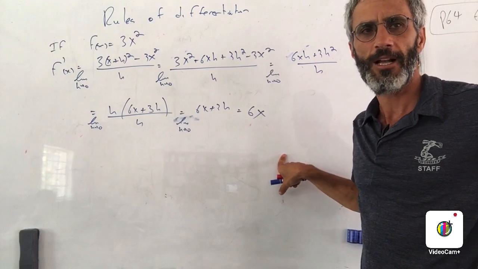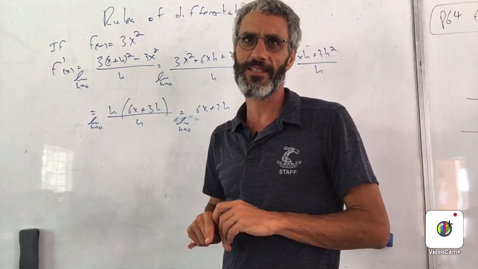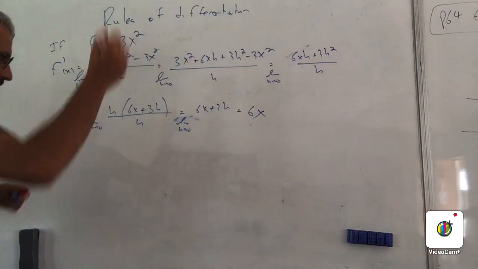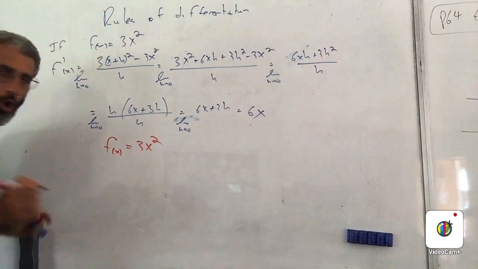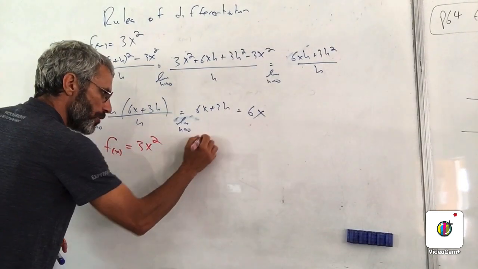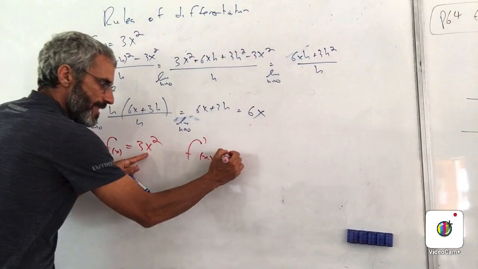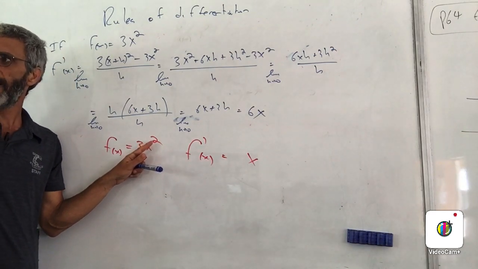Yes, sir. I'm going to show you now a way of doing it in less than a minute, which is very, very easy. So I'm going to write in red. Let's say f of x, we'll use the same number, 3x squared. All you've got to do, if you want to know the derivative: first of all, you write the x, and the power, you take it minus 1.